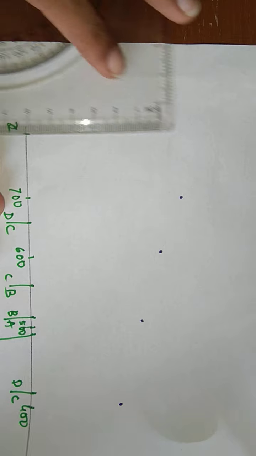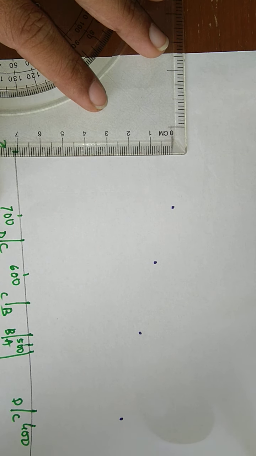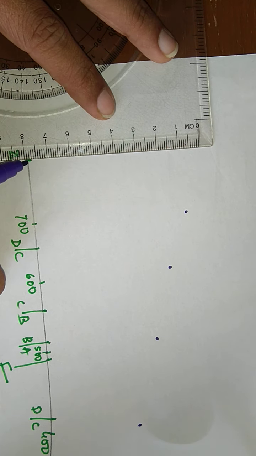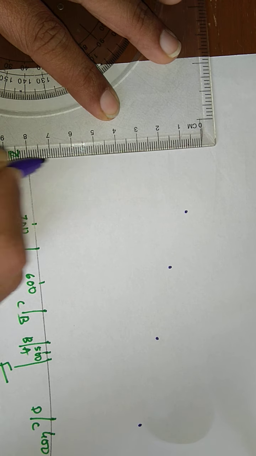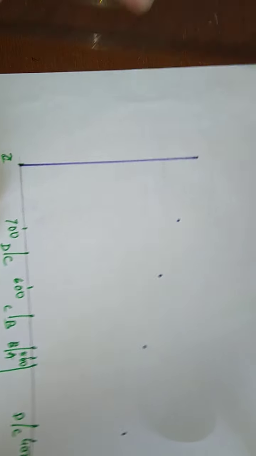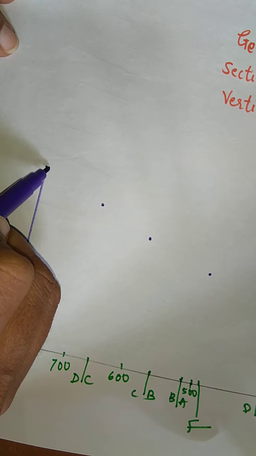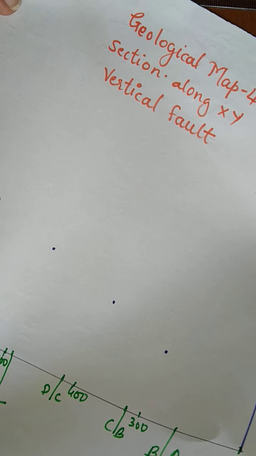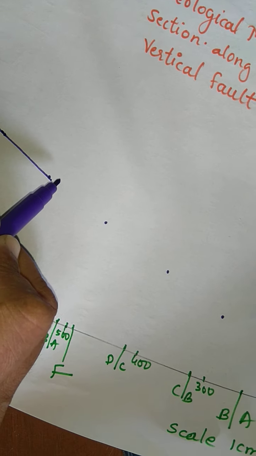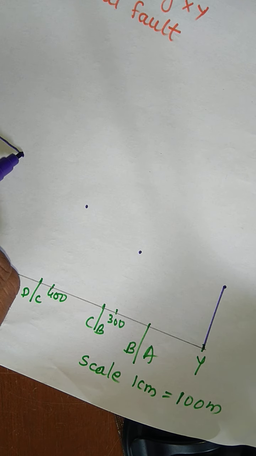On X the contour 800 is intersecting, so on X we will draw an 8 centimeter line. Then what next we have to do is join all these points with a smooth curve.